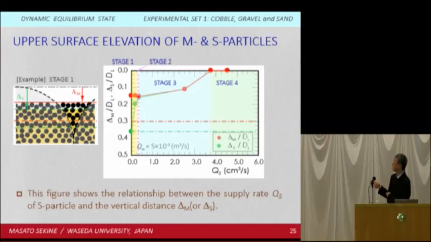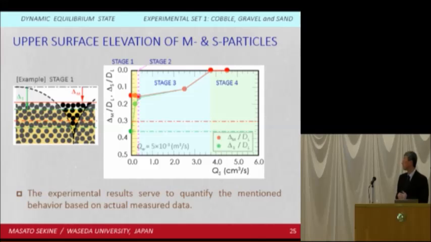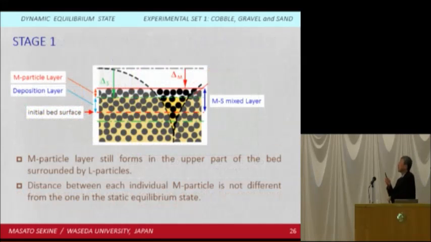Stage 2 is critical between stage 1 and 3. The experimental results are used to quantify the before mentioned behavior based on actual measured data. So I'll explain each stage in detail.